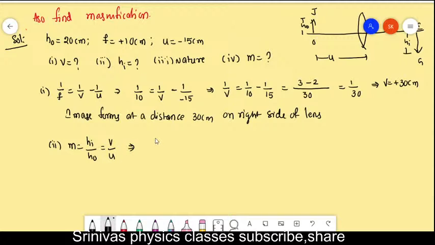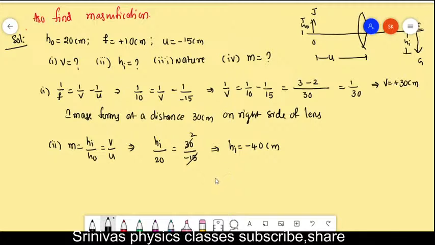Then height of the image we have to find out. Height of object, it is 20, and v, image distance, is 30, object distance is minus 15. Then this will be cancelled. Then height of the image you will get as minus 40 centimeters. What is the meaning of this minus 40 centimeters?